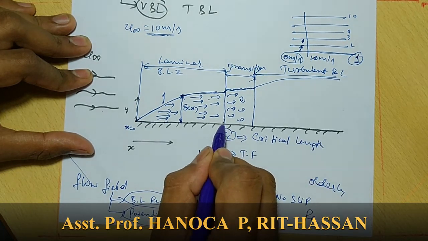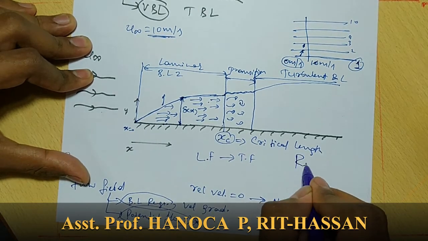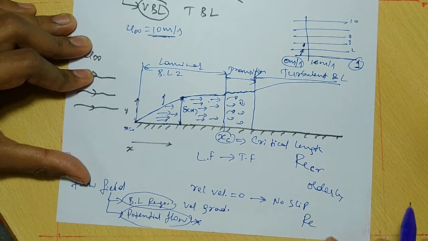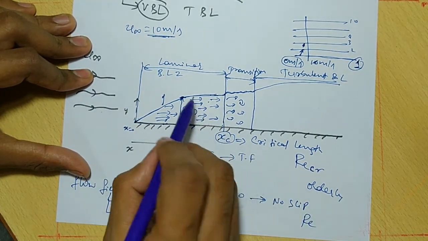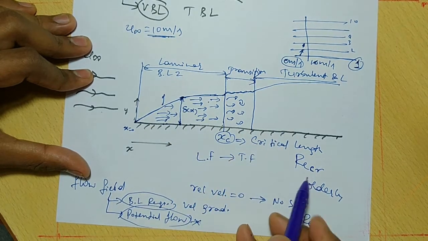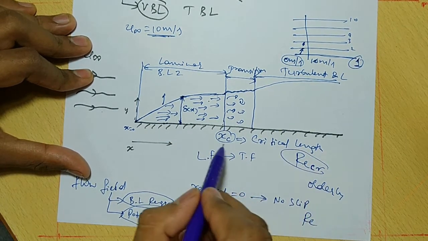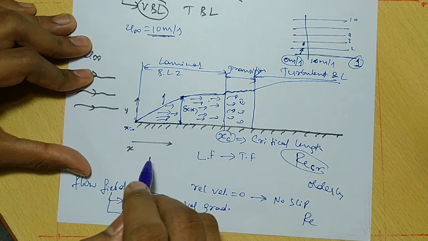The Reynolds number at this point is called the critical Reynolds number. The critical length is the length where laminar flow changes to turbulent, and the critical Reynolds number is calculated based upon this critical length.